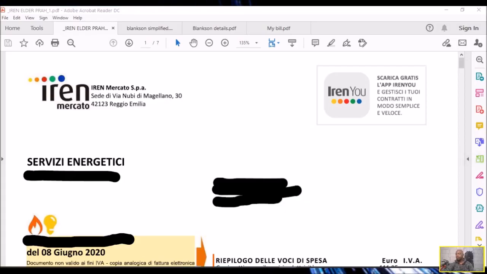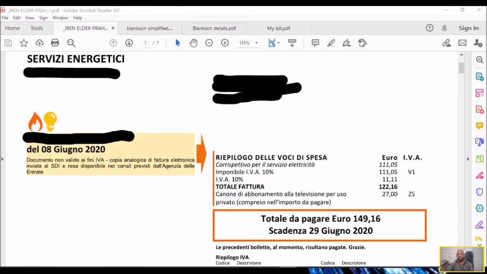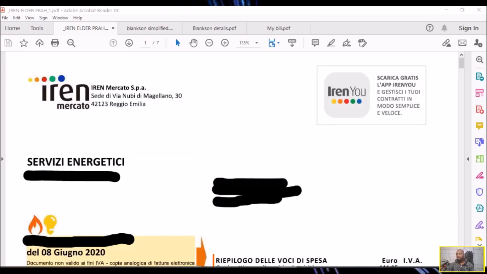So just like the other bill that I showed you, some of the important things that you have to look at in the initial stages are obviously the price you are paying, which this one here is paying 149. Now when I got this bill and I read through it, there was something strange about it, and I'm going to show you in a jiffy what I mean.